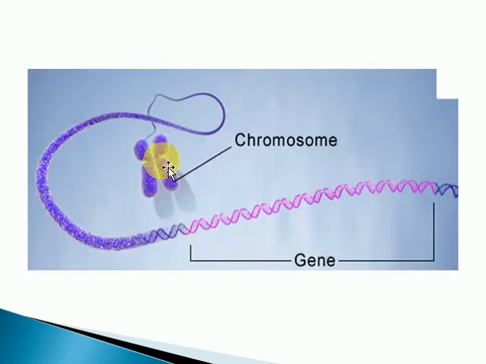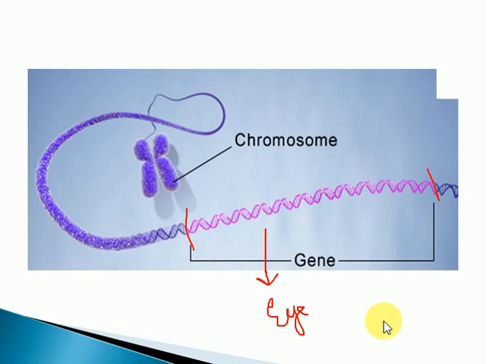This is the chromosome, and it is formed by condensation of the DNA. Now let's imagine this particular segment from here till here is responsible for controlling the eye color.